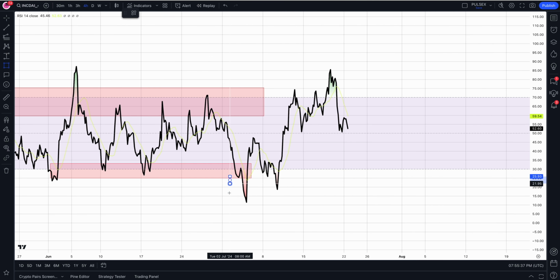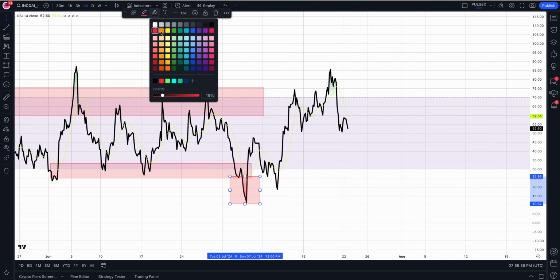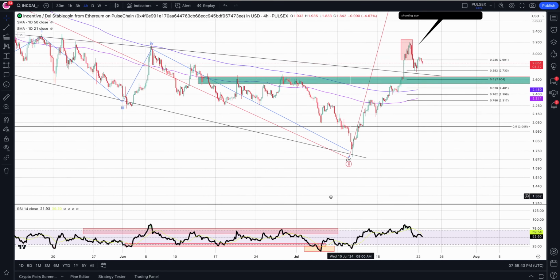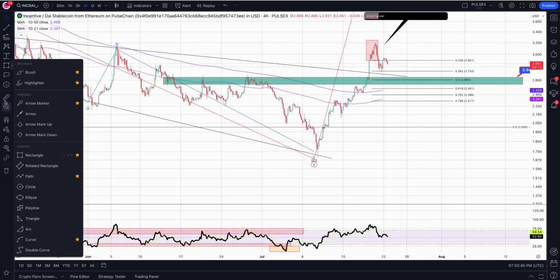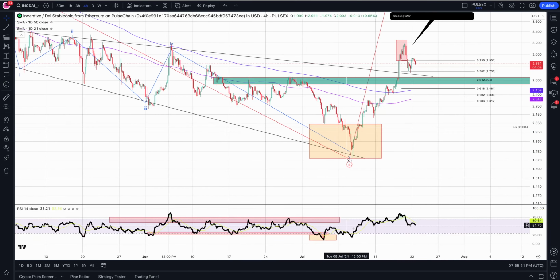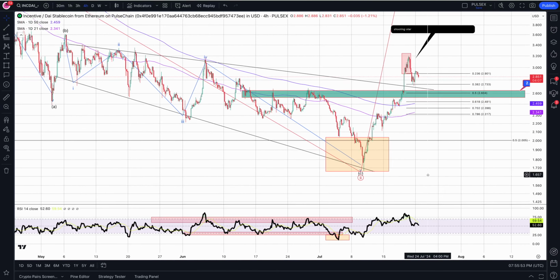You see how we swept it right over here? As the price was moving into extremes. So as the price was moving into extremes here, you had RSI sweeping these range lows before we had that slingshot to the upside.